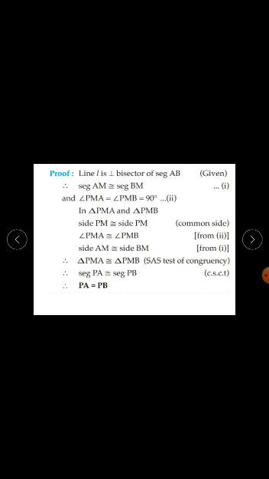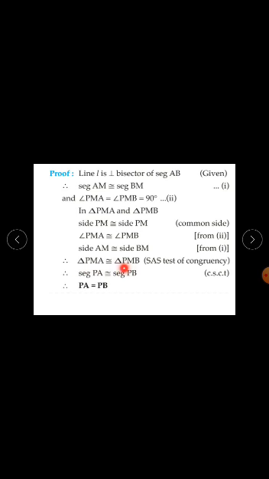Therefore, triangle PMA is congruent to triangle PMB by the SAS test of congruency. If two triangles are congruent, then their corresponding sides and corresponding angles are congruent.